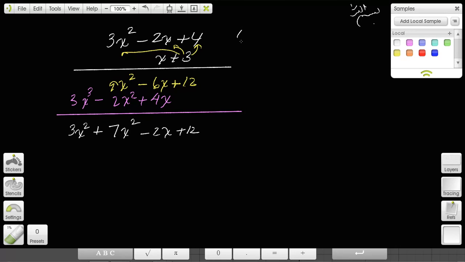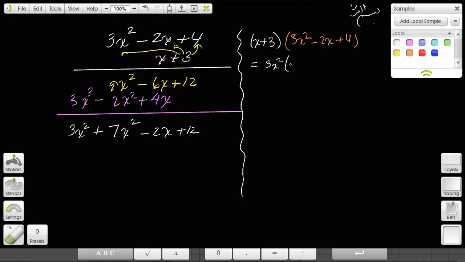Now, if you were to do this the horizontal way, you would have 3x squared minus 2x plus 4, and you're multiplying by x plus 3. So you would distribute this: 3x squared times x plus 3, minus 2x times x plus 3, plus 4 times x plus 3.